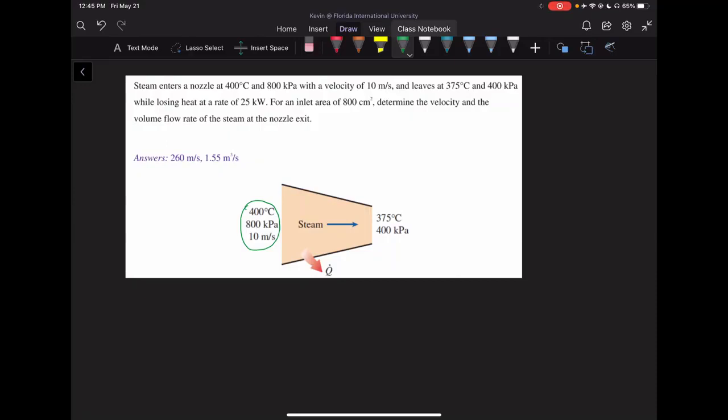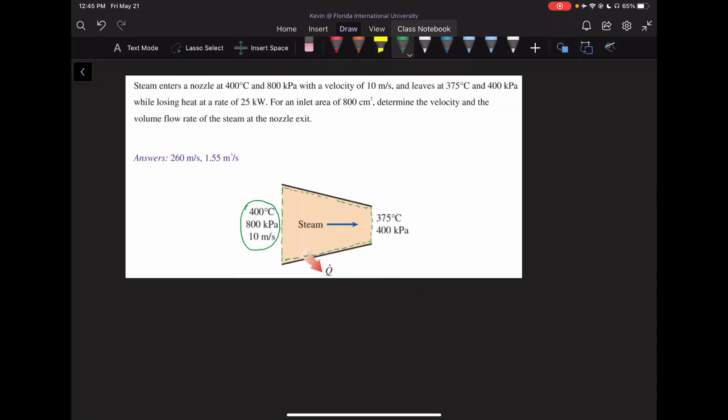So how are we going to do this? Well, the first thing we can do is we can define all our system boundaries. So we're going to use a control volume analysis on this system here.